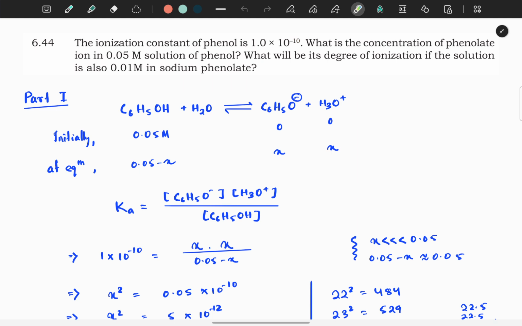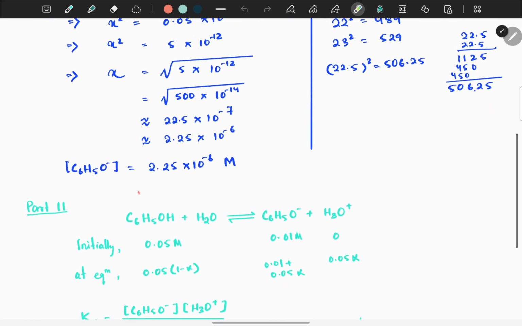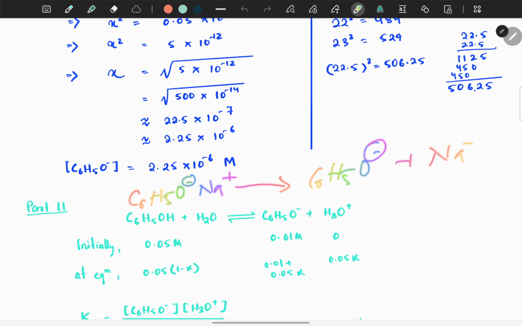It is a strong electrolyte, so it will completely dissociate to produce phenolate ion and sodium ion, and this phenolate ion concentration now will be 0.01 before starting the reaction. And as per the question, the concentration of phenol is 0.05.